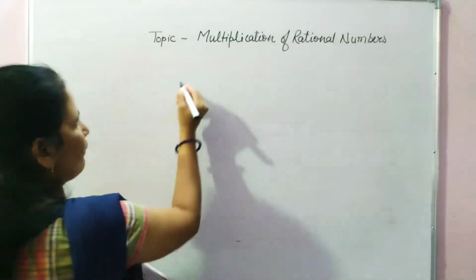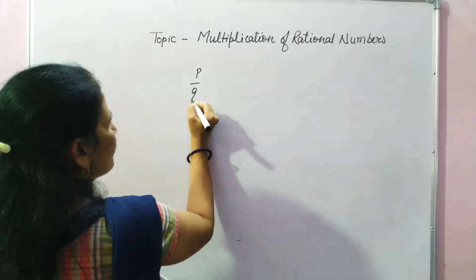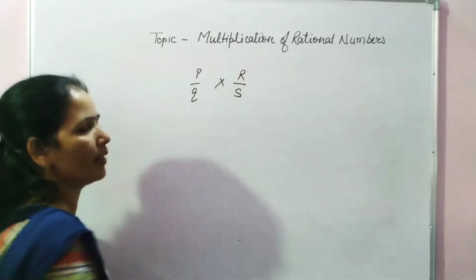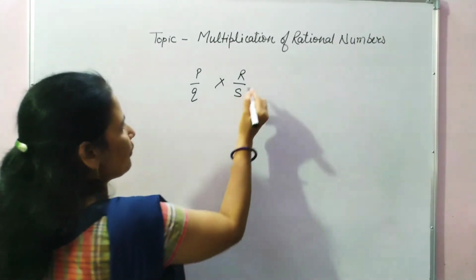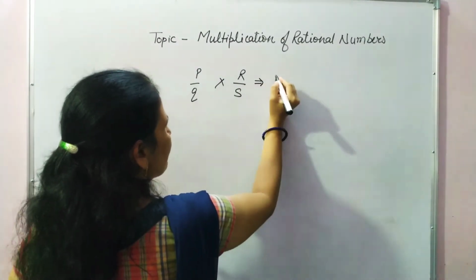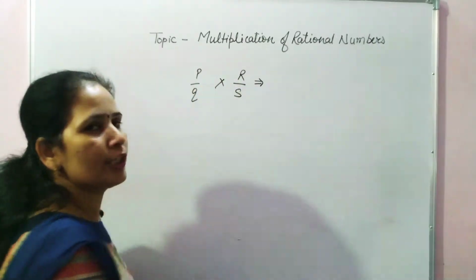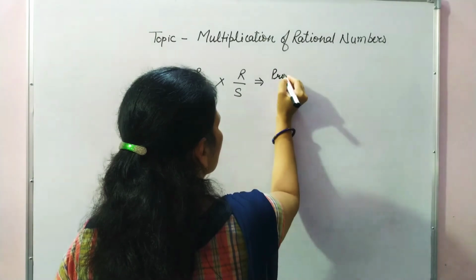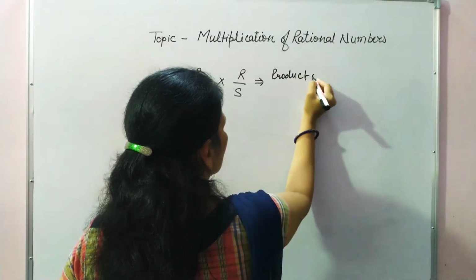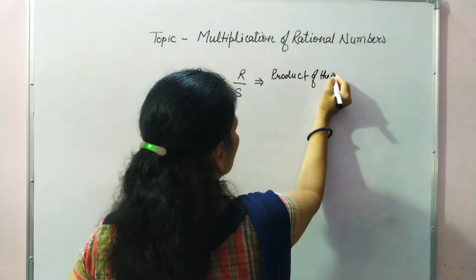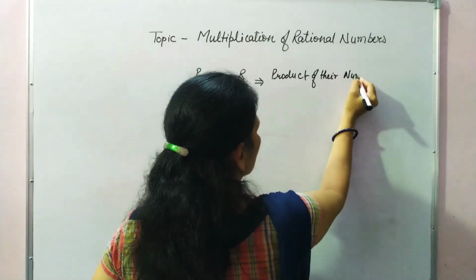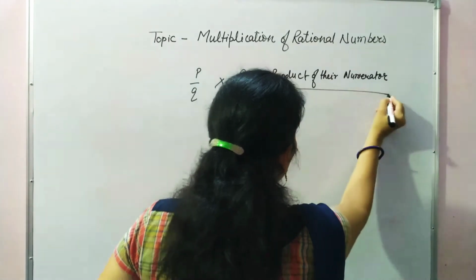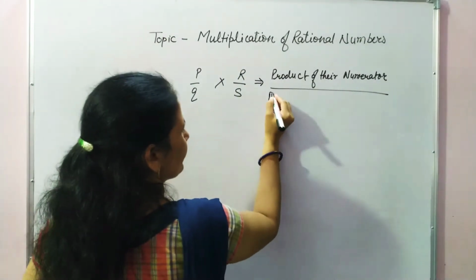For example, we have to multiply p by q, one rational number, with another rational number, r by s. When we multiply two rational numbers, first we find the product of their numerators, and divide by the product of the denominators.